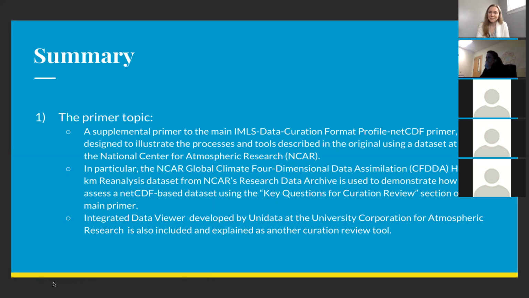We haven't done that yet, but because of the current flow of the main primer and how the supplemental primer is going to be attached to it, we feel that the new tool information should be integrated with the main primer, so that the information will be more compatible that way.